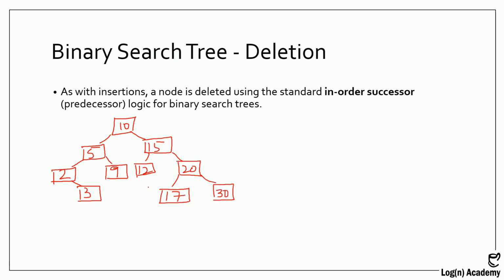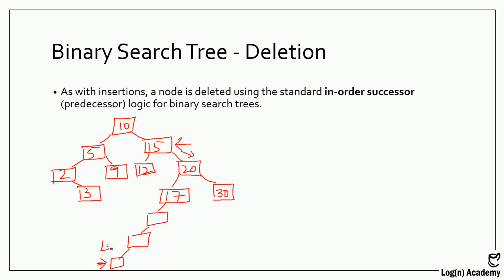Now let's suppose I want to delete the node number 15. So what I will do, I will traverse on the right hand side first, and then I will go all the way to the left hand side. For example, if we have some nodes attached to 17, then I will iterate all the way and choose the last node to replace 15.